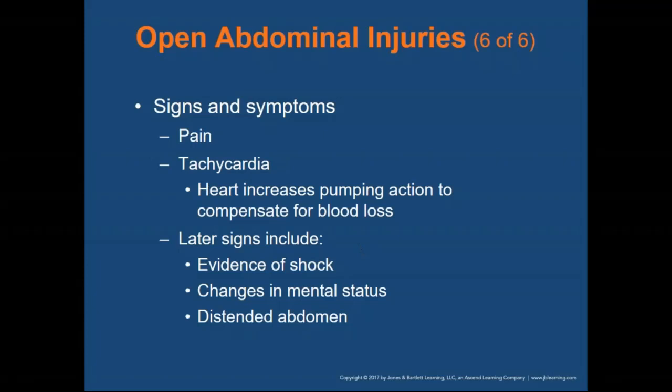Remember beta-1 receptors, that's going to cause tachycardia, increase the heart rate. It's also going to increase the contraction of the heart. That's called an inotropic effect. It makes the heart muscle squeeze harder, trying to jack that stroke volume up to compensate for that blood loss.